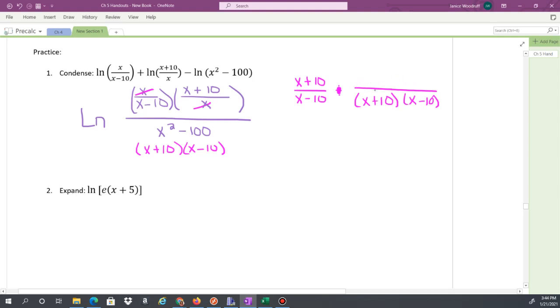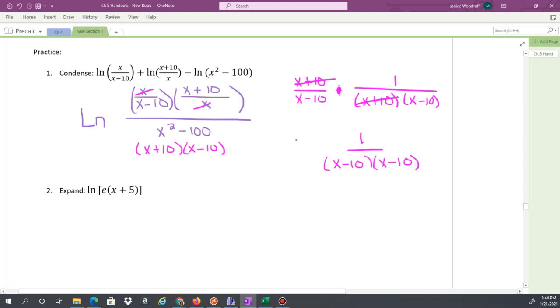And now I can multiply. When I do my multiplication, I have 1 x plus 10 on the top and 1 on the bottom. That cancels. And then I have 2 x minus 10s in the bottom, which do not cancel. So what I'm left with here is a 1 over x minus 10, x minus 10.